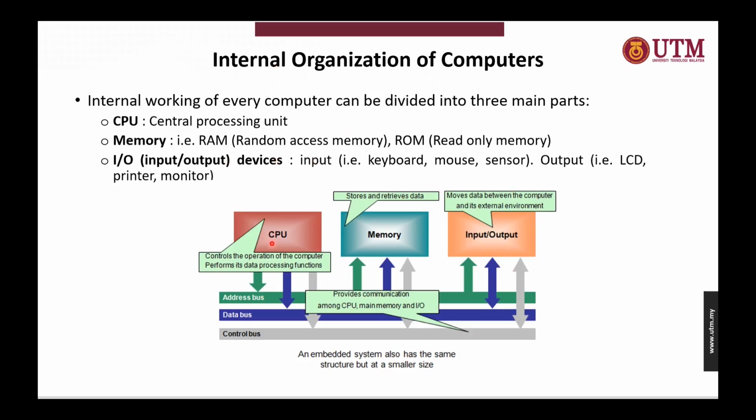So every computer must have these 3 things. What does this CPU do? The CPU will control the operation of the computer, and it will perform any data processing. All the data processing will be done inside this CPU. Meanwhile, the memory is used to store and to retrieve the data. Every time you store or retrieve data, it is located inside of the memory.